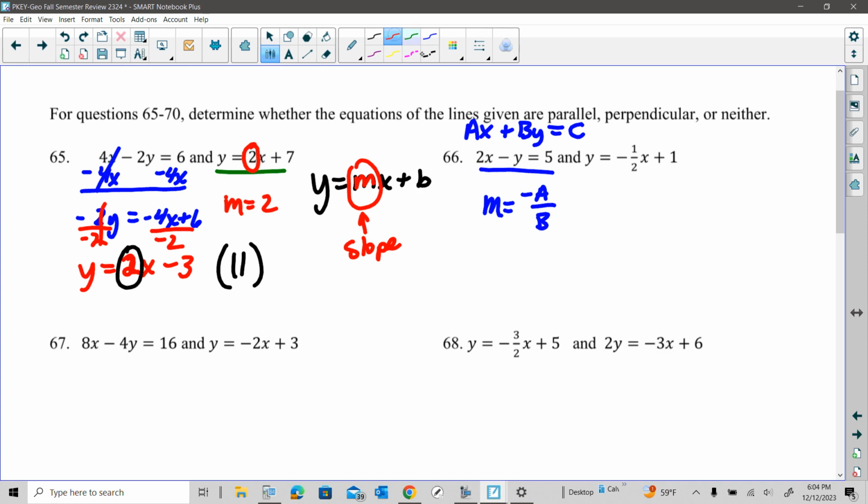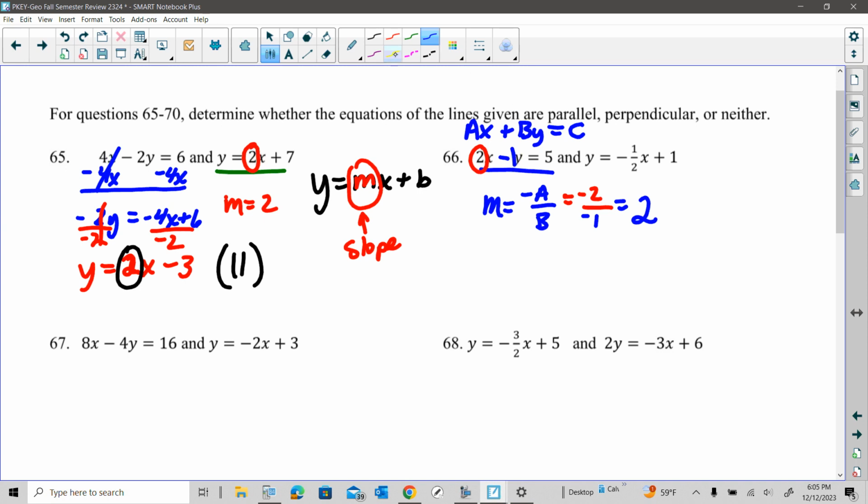You take whatever the a value is, like on this one, the a is the 2. I'm going to write -2 over b. And here b is like this invisible 1. And it's going to be a -1 because it's a minus sign here. This actually comes out to be a +2.